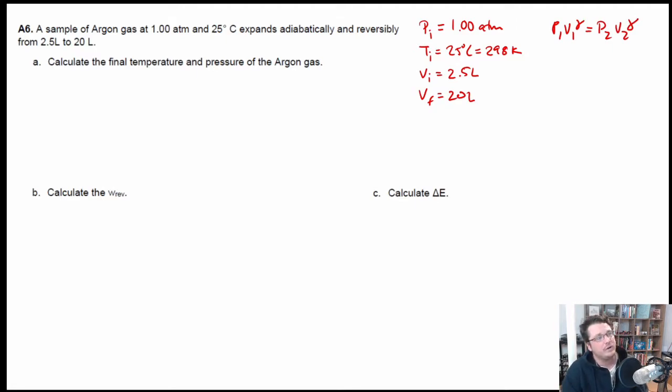Because we don't know what the final pressure is, and it's not going to just simply be an easy relationship where it's P1 V1, because it's an adiabatic change that's happening.